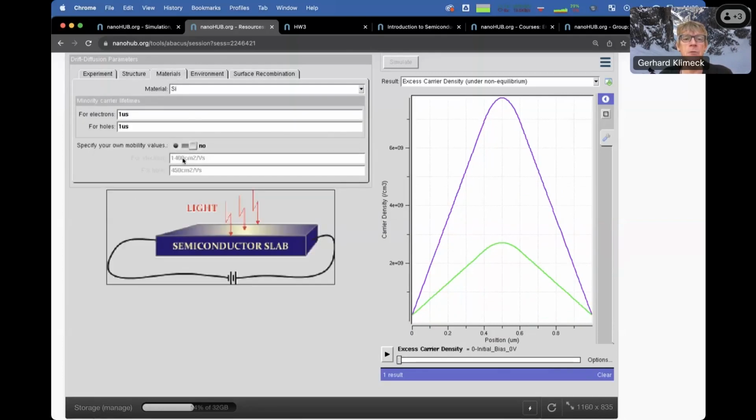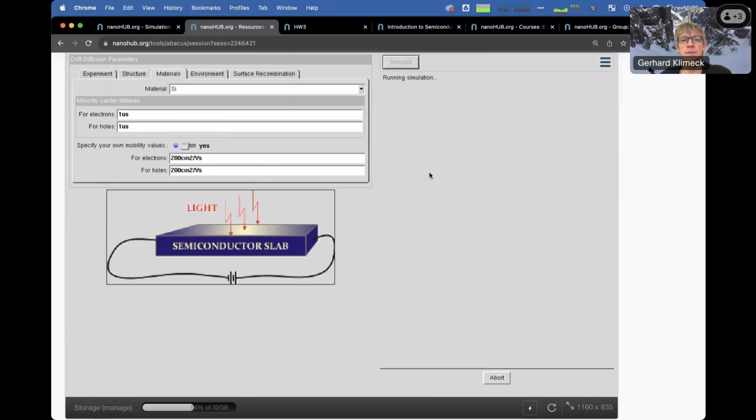So let's assume we make the material really cruddy, where somehow magically we can make both electron and hole mobilities the same. Or from an educational perspective, maybe we can start from the same mobilities and see what happens.